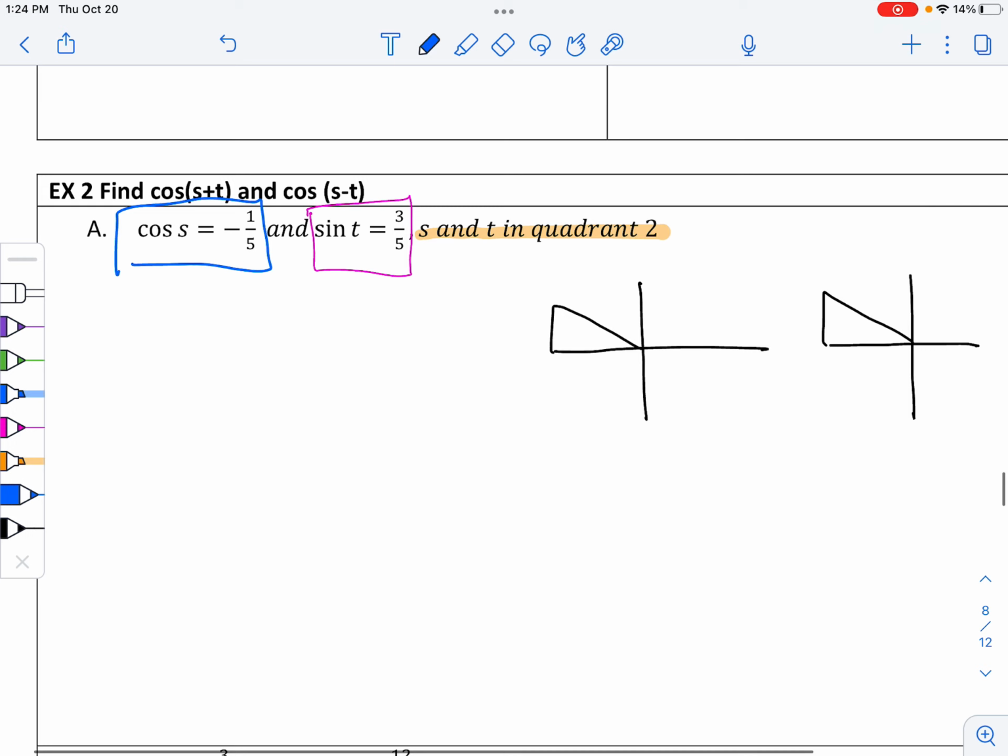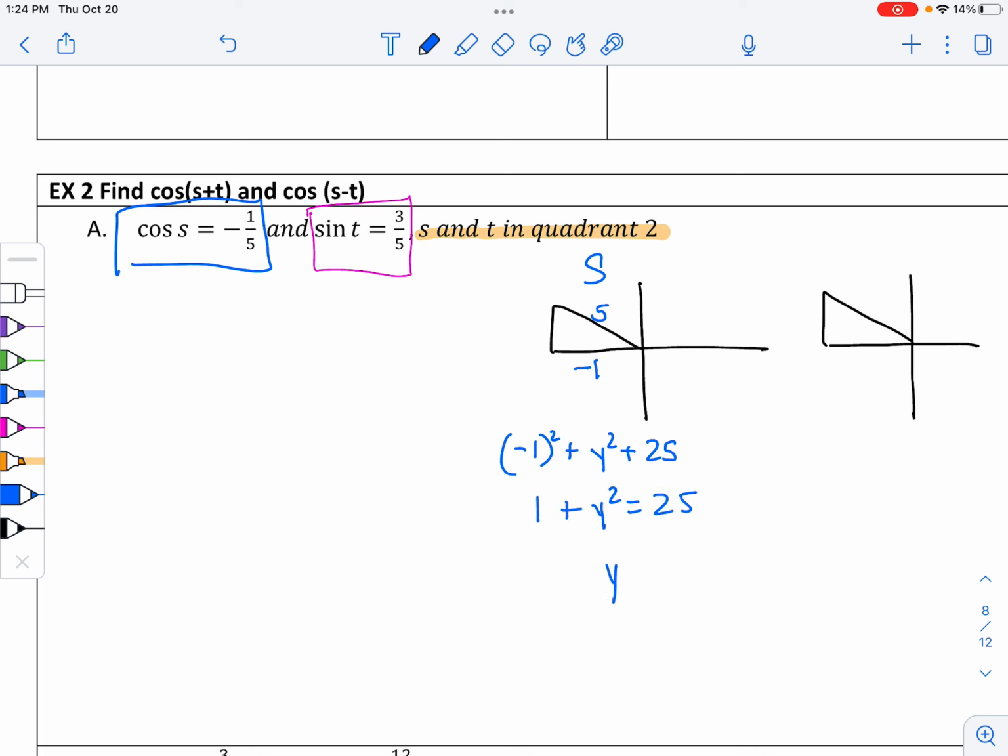Here is angle S information. Angle S says cosine is -1/5. Well, cosine is adjacent over hypotenuse. We've reviewed this a little bit. In order to solve for that last remaining side, we would do Pythagorean theorem. I would get y squared equals 24.